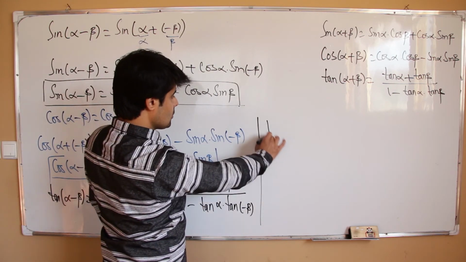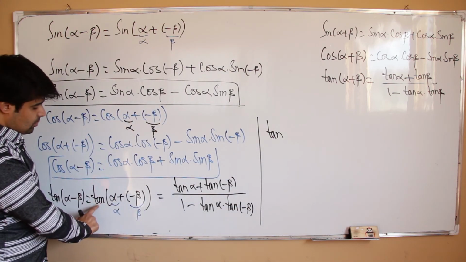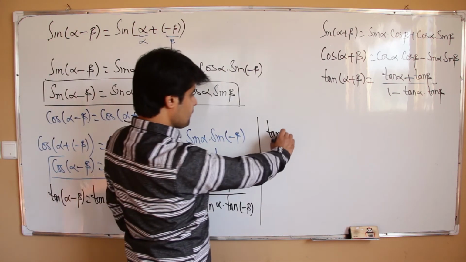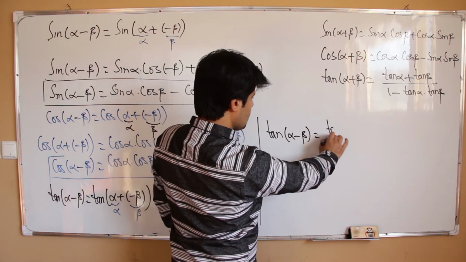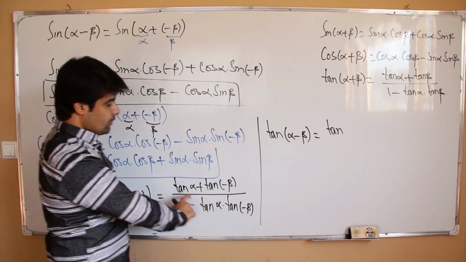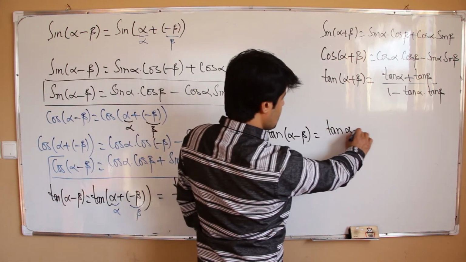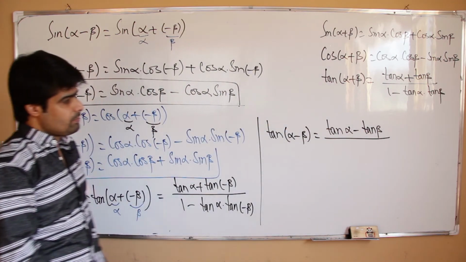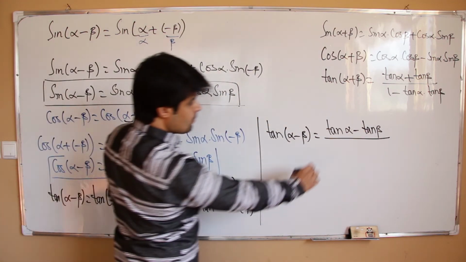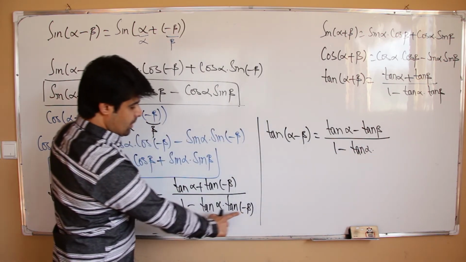So plus with this minus is minus: tangent of alpha minus tangent beta, divided by 1, and this minus comes here.